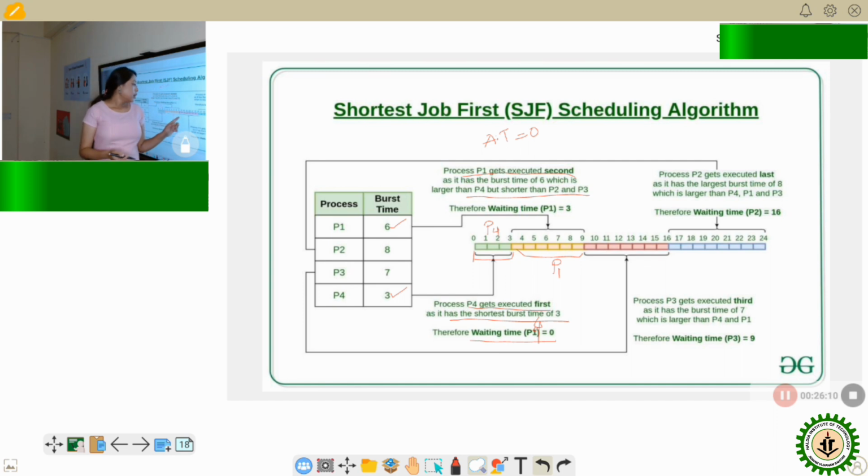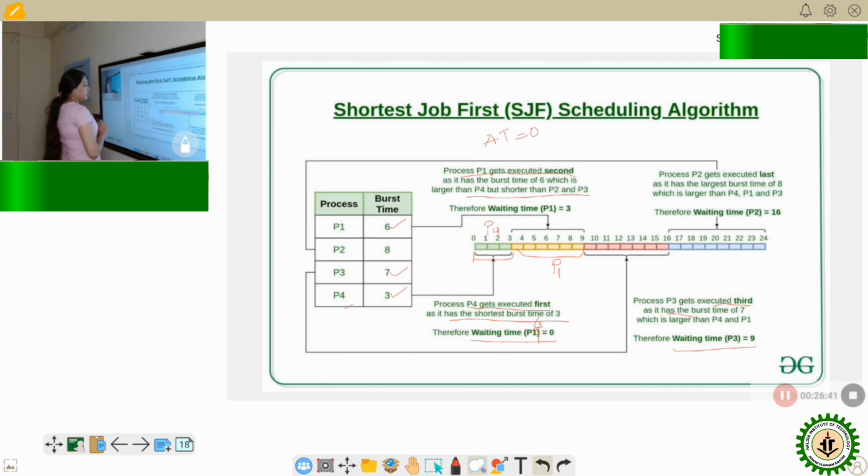Then what is shortest? As per burst time 7, P3 is shortest, which will be executed from 9 to 16. P3 gets executed third and it has the burst time of 7, which is larger than P4 and P1. Therefore, the waiting time of P3 will be 9.